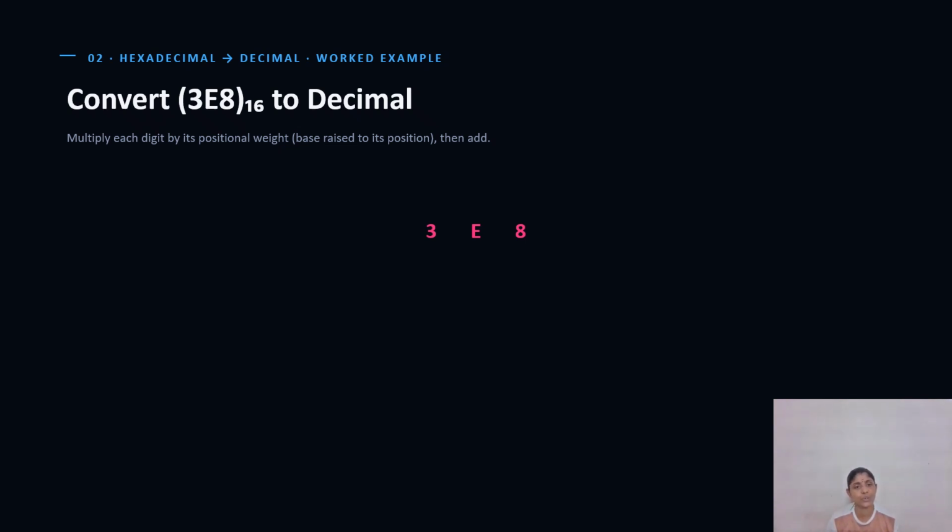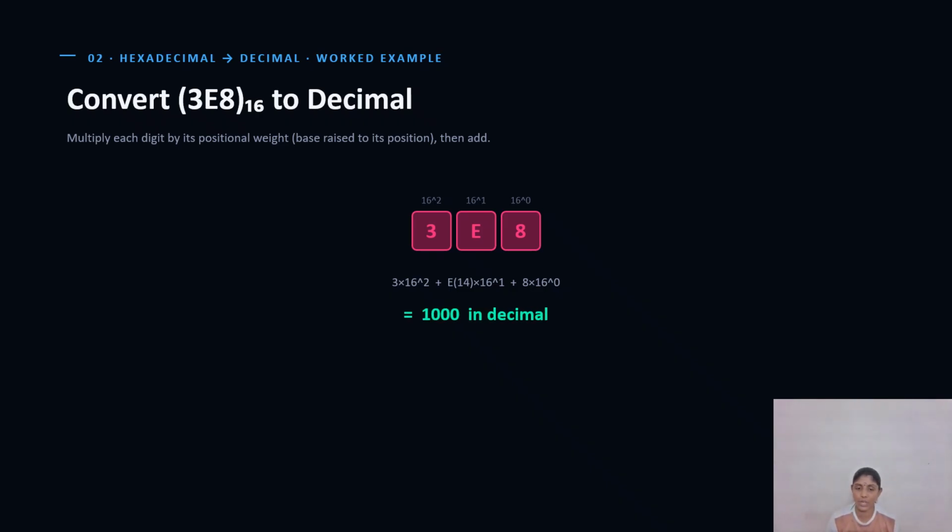Here again I have to take the face values as 3, E and 8 and place values as 16 power 0, 16 power 1 and 16 power 2 as usual. 16 power 2 into 3 plus E into 16 power 1 plus 8 into 16 power 0. Try to recollect, E is nothing but the value 14. So 14 into 16 power 1. The result I am getting is 1000 in decimal. So in the second part we converted other bases to decimal.